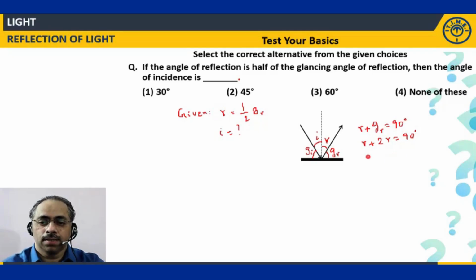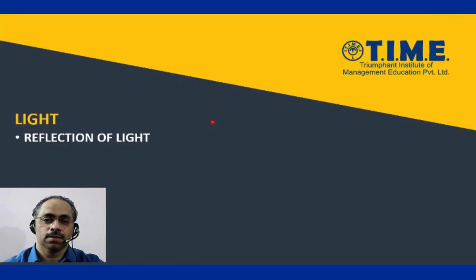So I'll get R is equal to 30 degrees. Simple. When R is equal to 30 degrees, I is also equal to 30 degrees. Yes or no? So what is the answer? 30 degrees is the answer. Clear? Able to understand? Yes. Let us move on to the next question.